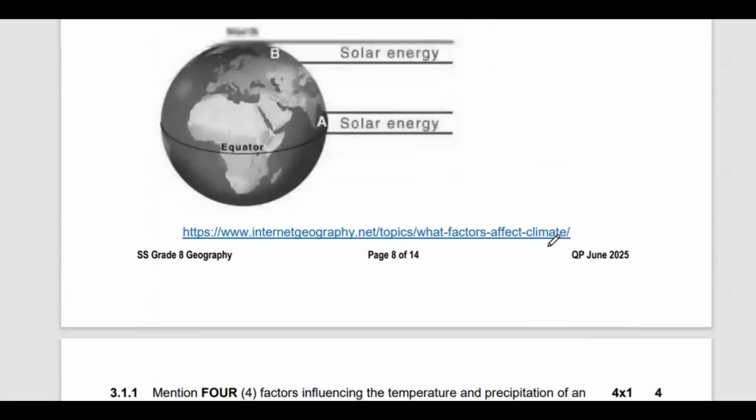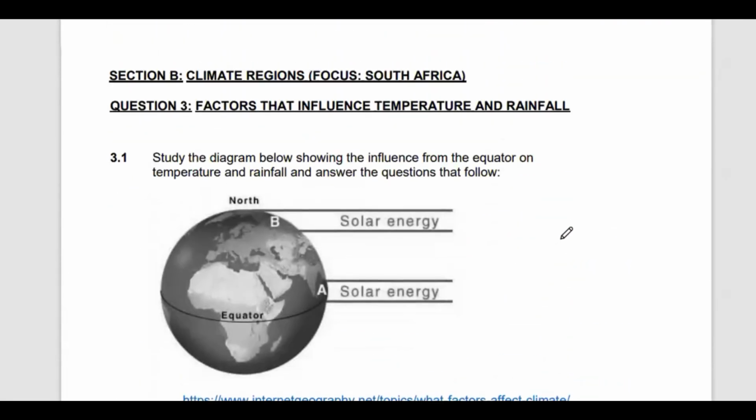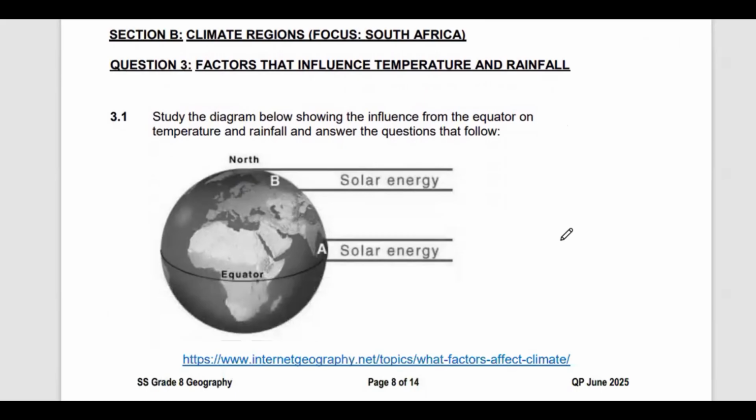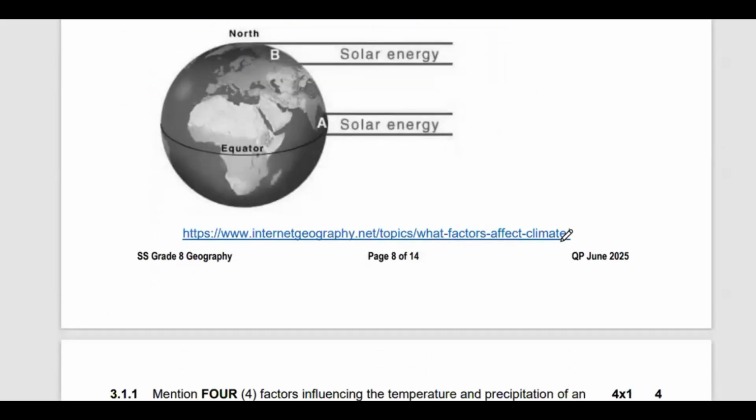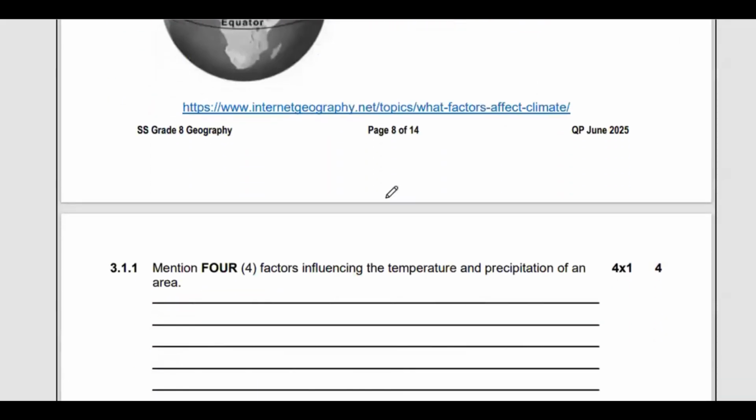Climate regions. All right, we're going to section B, which is about climate regions, factors that influence temperature and rainfall. We have mentioned 4 factors influencing temperature and precipitation of an area.